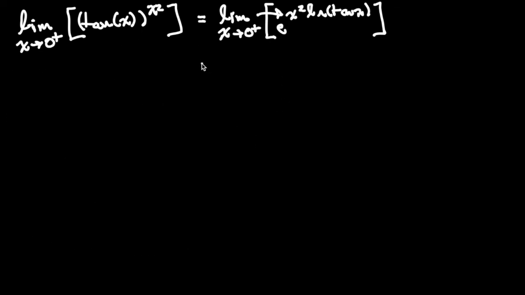We can then write that this limit is also equaling e to the limit as x goes to 0 from the right of x squared ln of tan x.